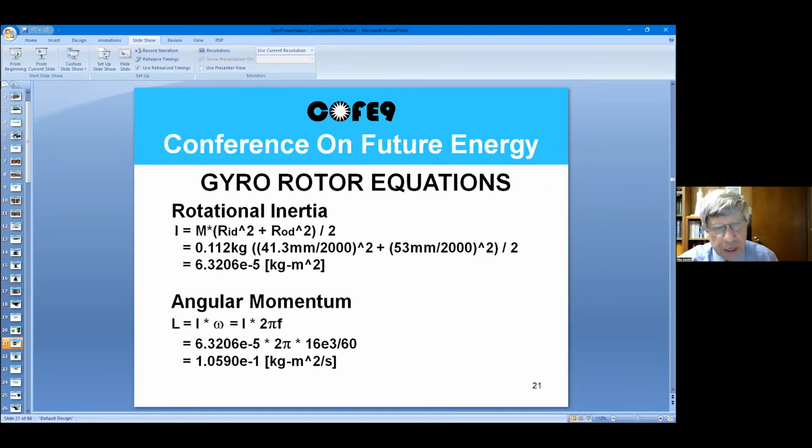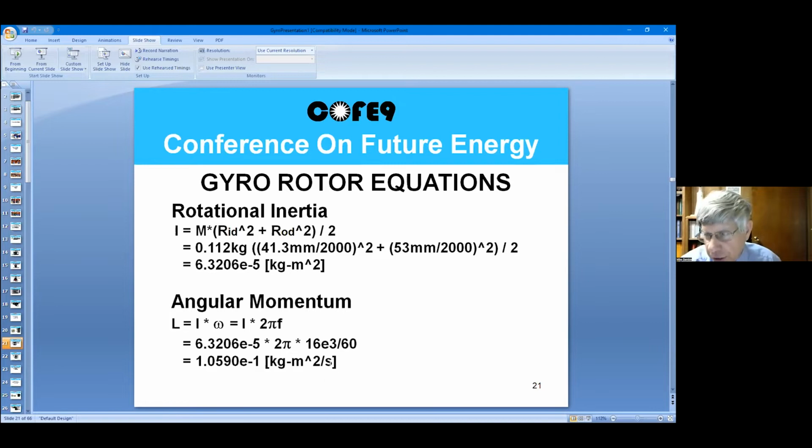And then you need the angular momentum, which is I times omega. And omega comes out to be 2 pi times 16,000 revolutions divided by 60 to get frequency. You multiply that and you get 1.059 e to the minus 1 kilogram meter squared per second for angular momentum.